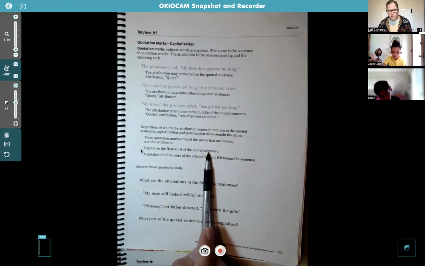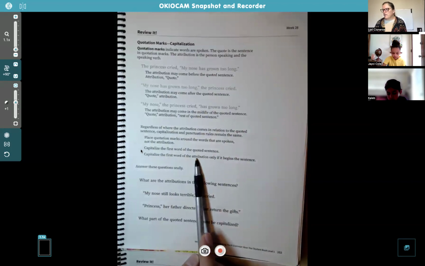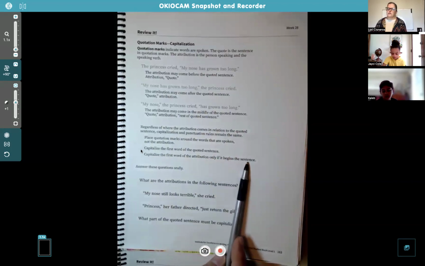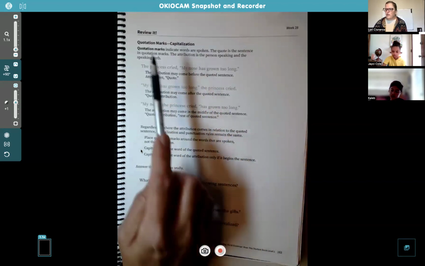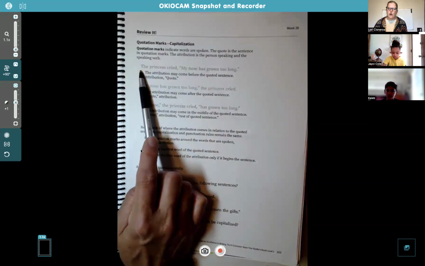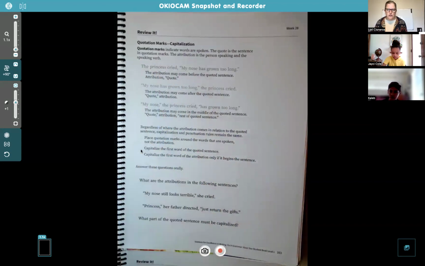That's always going to be true, the first word. And then capitalize the first word of the attribution only if it begins the sentence. So that just means like when the attribution comes first, like this first example, that's the only time you use a capital here. If the attribution comes later, you don't need a capital for the attribution part.